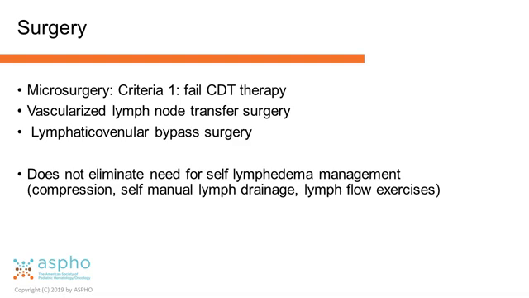Microsurgery, which would be a lymph node transfer or a lymphovenular bypass surgery, is being done with better results, but typically most surgeons, their first criteria is that the patient would have had to fail complete decongestive therapy before they're willing to take them down this road. And the other part of it is that it doesn't eliminate the need for the phase 2 self-management program. These patients are still expected to use compression, learn self-manual lymph drainage, and continue with their exercises.